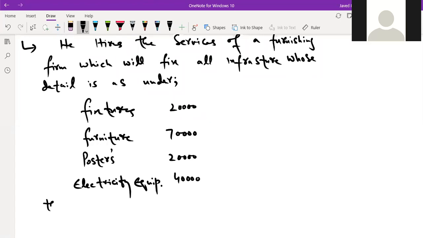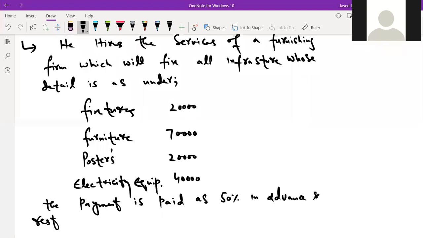So the arrangement is paid as percent in advance. Rest will be paid on completion.